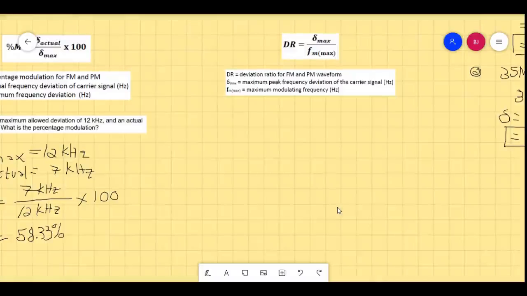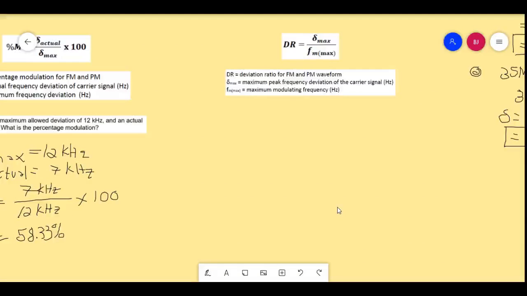Going into our deviation ratio, so we just have to compute our maximum deviation and our maximum frequency for the modulating signal. If in some cases it is not explicitly stated that they are the maximum frequency deviation or maximum frequency for the modulating signal, we can assume from the problem that they are the ones that are given.